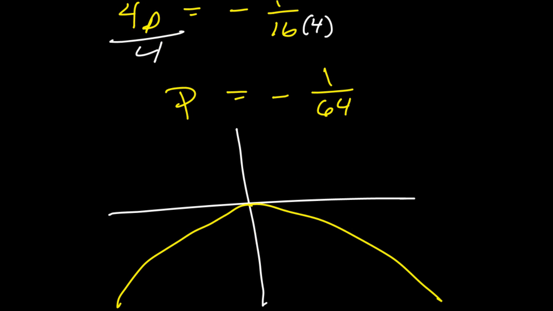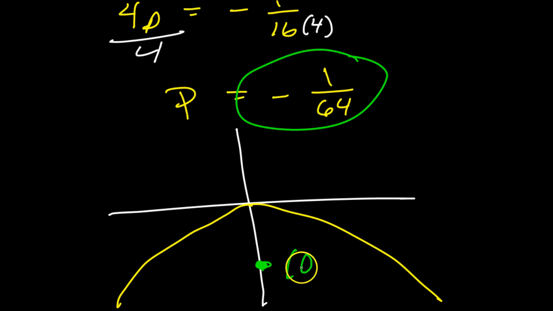So we know the focus is going to be down here somewhere. We're going to just use the p-value. Obviously it's a teeny tiny number, but this is 0, negative 1/64. So there's your focus.